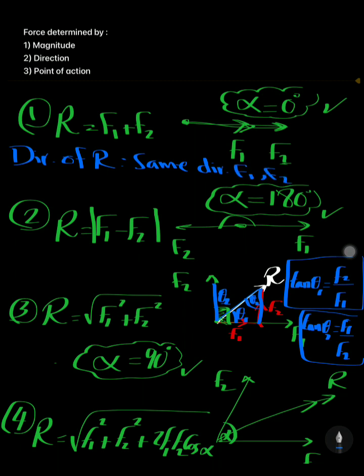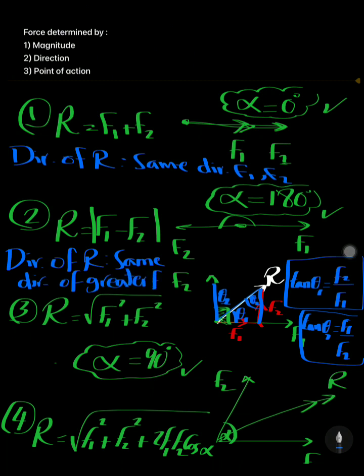In the second case, if the two forces are in opposite directions, then the direction of the resultant is the same as the direction of the greater force. If F1 is greater than F2, then the resultant takes the direction of F1. If F2 is greater than F1, then the resultant takes the direction of F2.